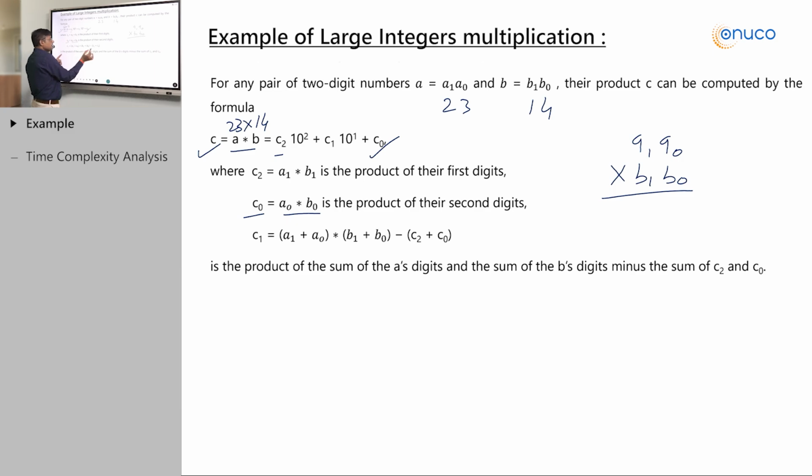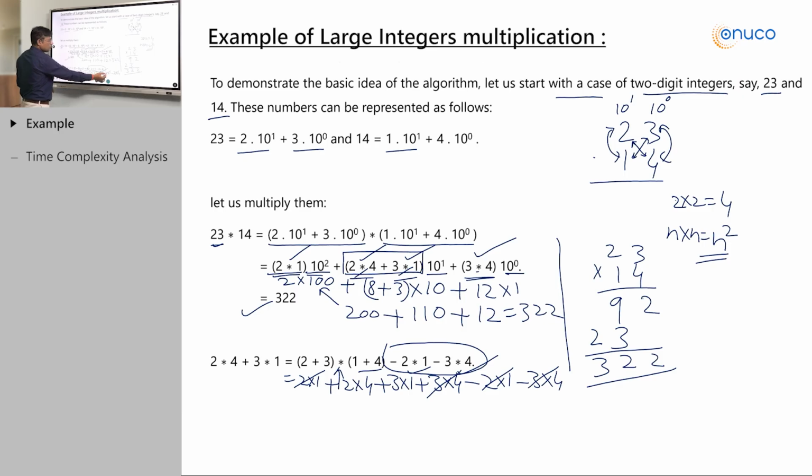So for these we have replaced them by the known factors using one multiplication. In place of these two multiplications, we are going to use one. What is that? A1 plus A naught times B1 plus B naught, minus C2, which is known to us, and C naught, which is known to us. Just now we have done it and got the same answer, 2 into 4 and 3 into 1.